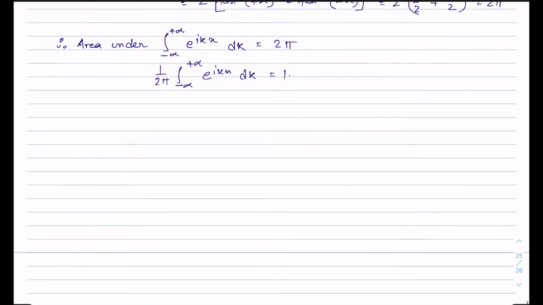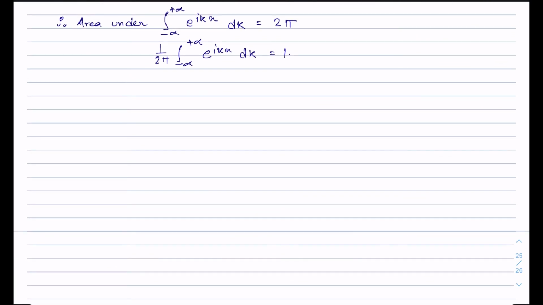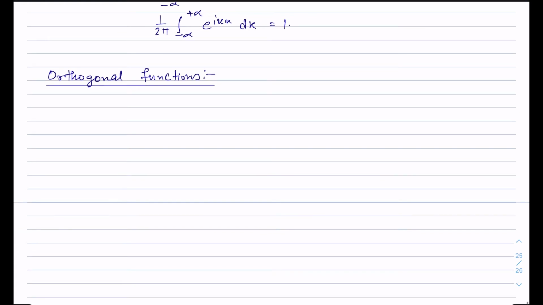So now let's talk about orthogonal functions. Let's consider two functions, say f1(k) and f2(k). The inner product of these two functions is defined as the integration from minus infinity to plus infinity of f1 star, that is the complex conjugate of f1(k), times f2(k) dk.